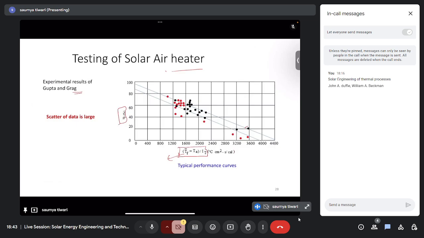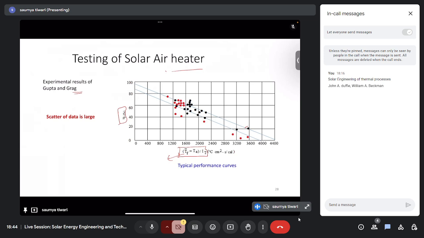If you remember, in the liquid flat plate collector, we have just done it for one mass flow rate, and we have predicted the performance. Because in that case, the heat transfer coefficient for liquid is very high, right? So if you change the mass flow rate, there will not be much difference in the performance of a liquid flat plate collector.